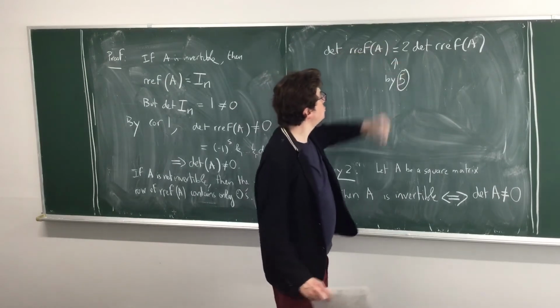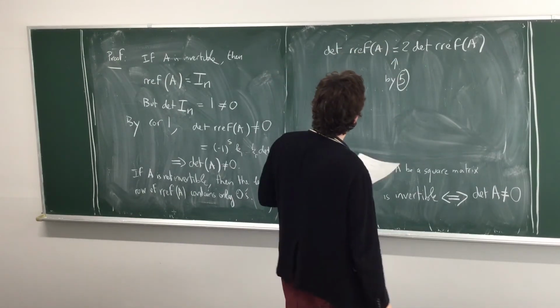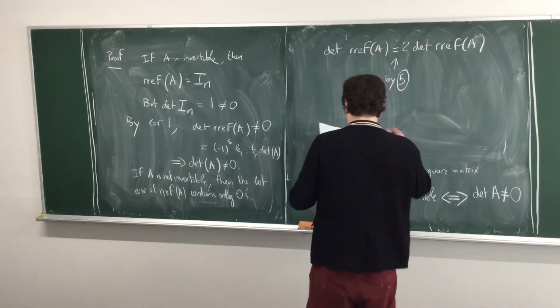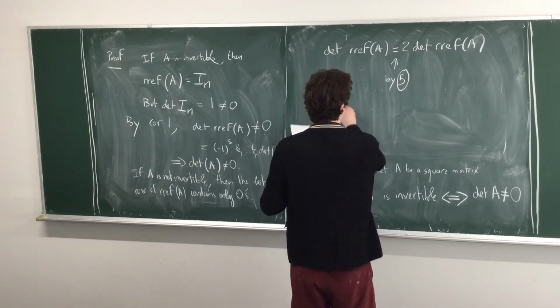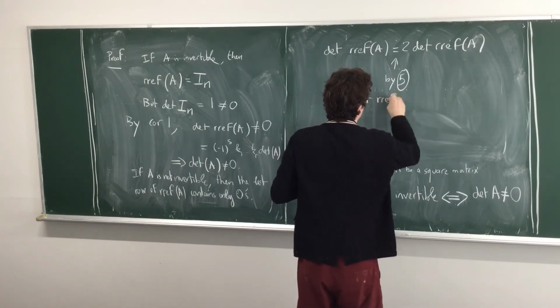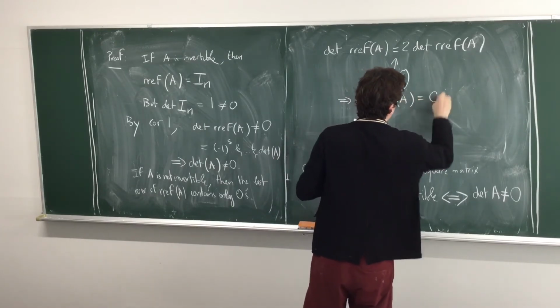So you will get 2. But if the determinant of the RREF of A is 2 times the determinant of the RREF of A, it means in fact that this determinant is actually equal to 0.